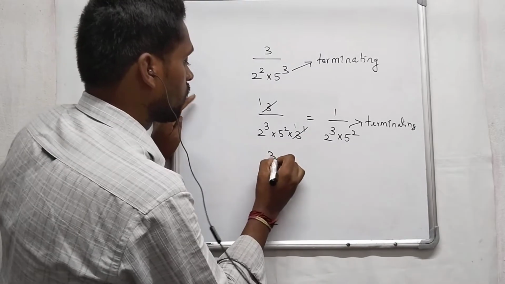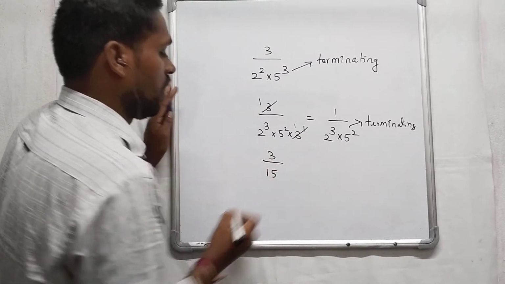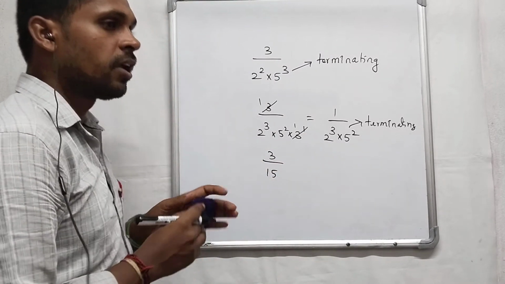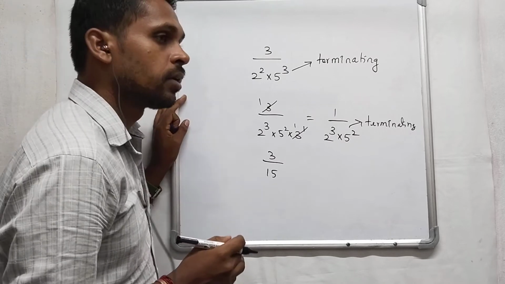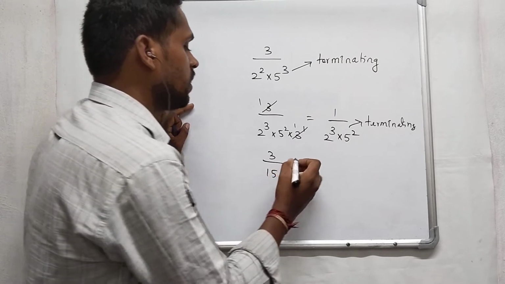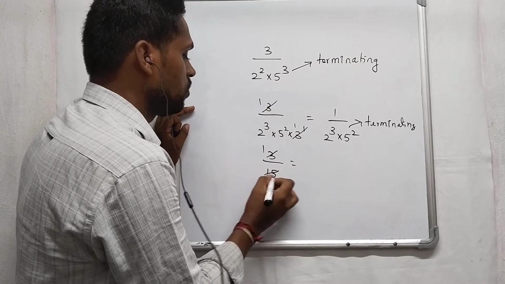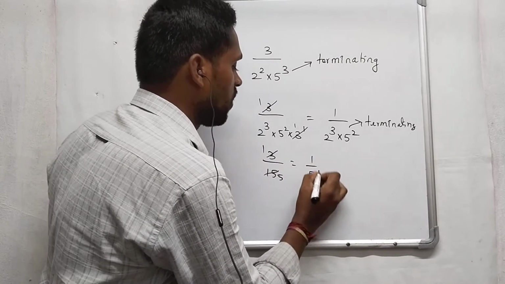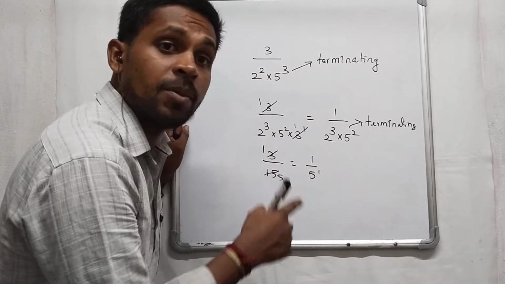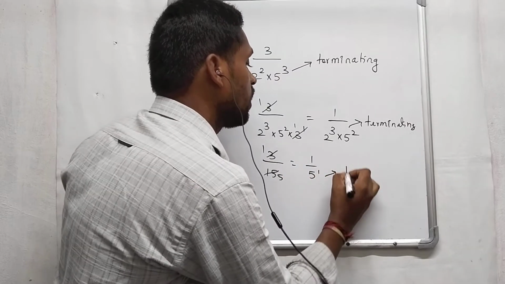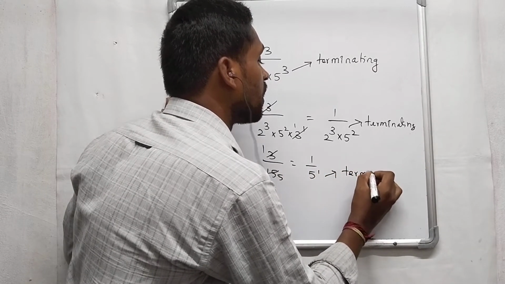One more: 3 by 15. 3 by 15 means 3 ones are 3, 3 fives are 15, so 1 by 5. If the denominator is 5, definitely we call it terminating.